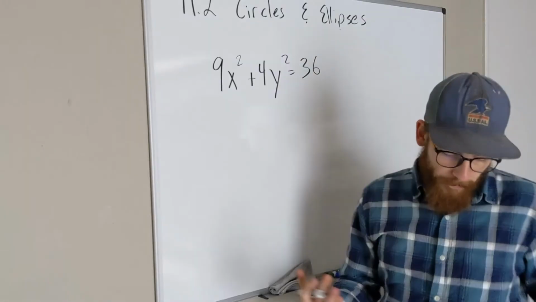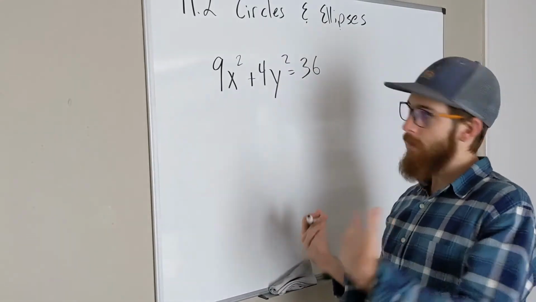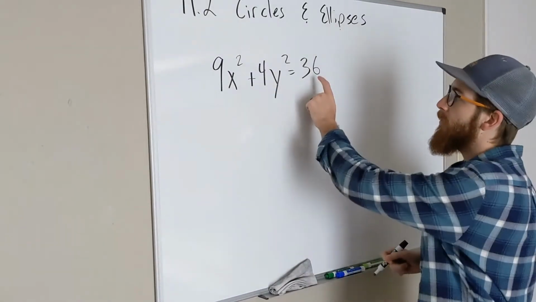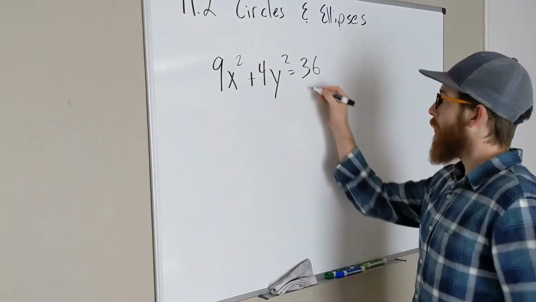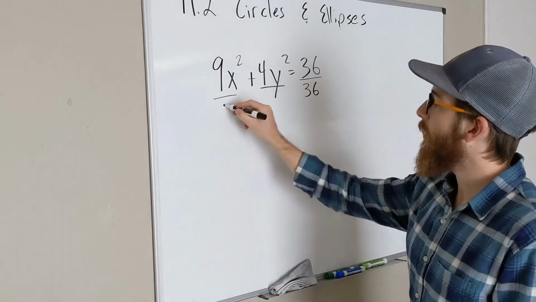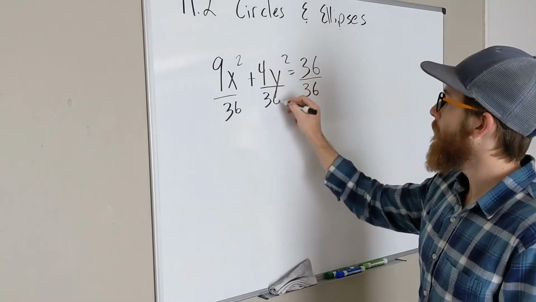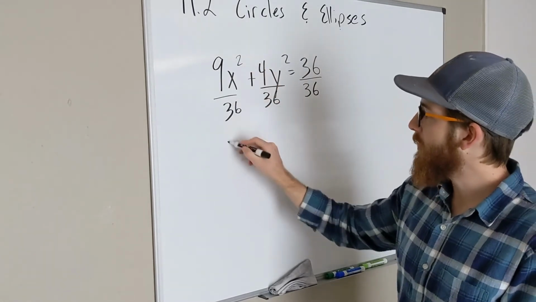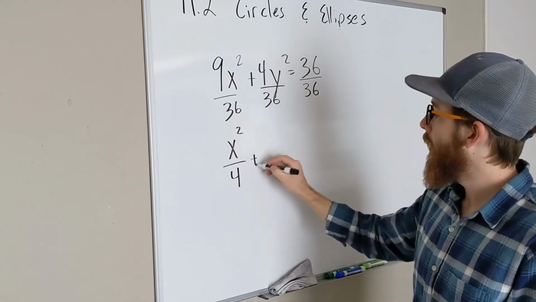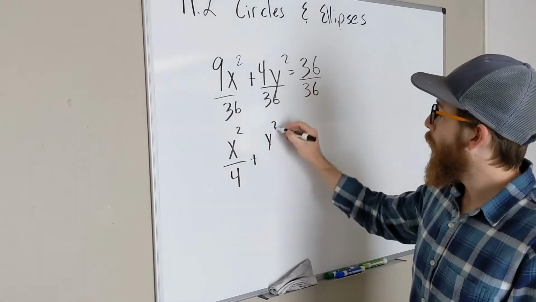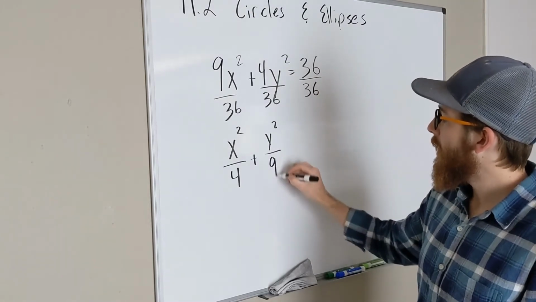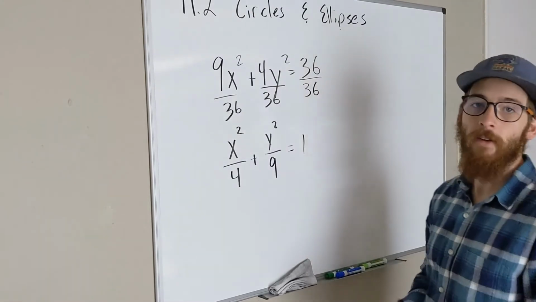Now, if you remember from the notes that we're just taking, these kind of ellipse functions always have to equal 1. So the first thing I need to do is get this to be a 1. So I get to divide everything by 36. 9 over 36 is really x squared over 4. 4 over 36 is really y squared over 9 equals 1.